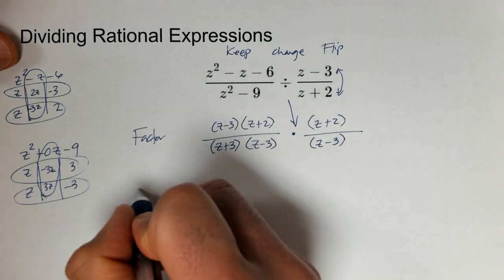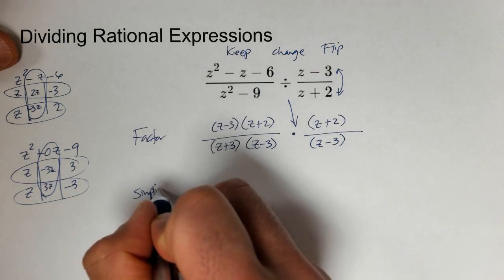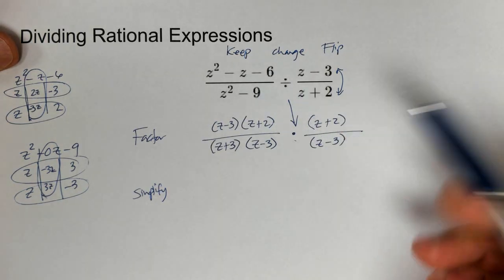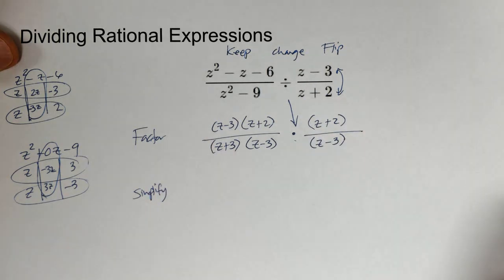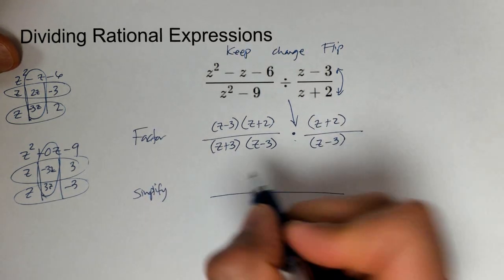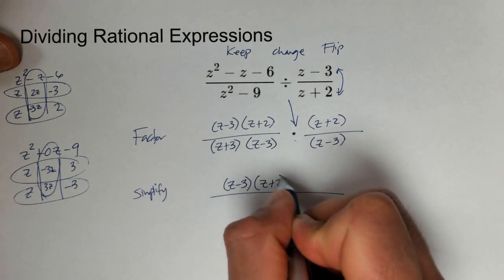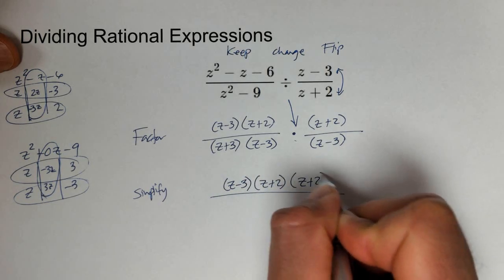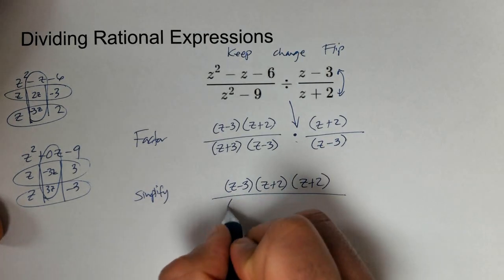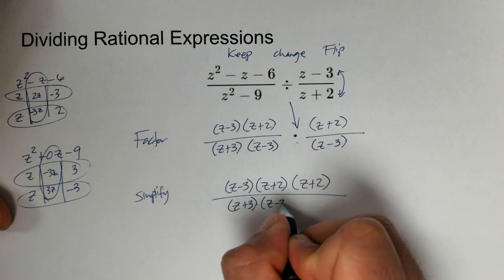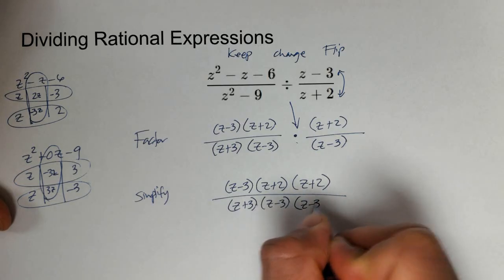Alright, last step. We simplify by multiplying the actual fractions. I've already done the keep, change, flip part here. So let's multiply them together. On top I have Z minus 3, Z plus 2, and Z plus 2. In the bottom, I got Z plus 3, Z minus 3, and Z minus 3.